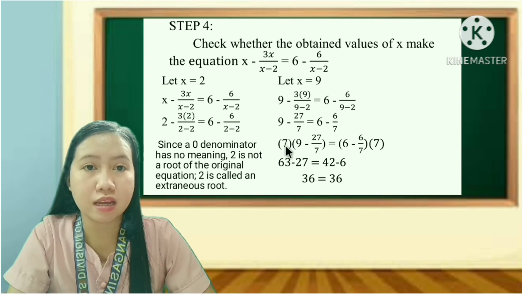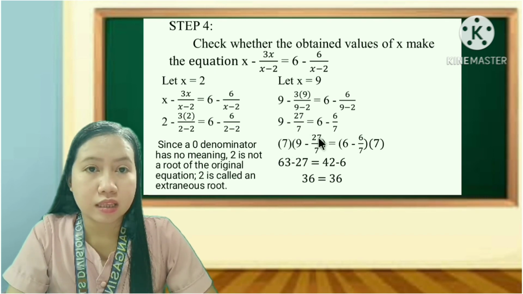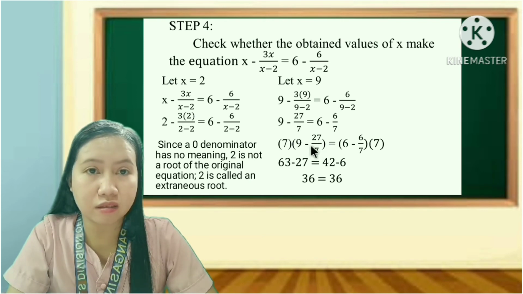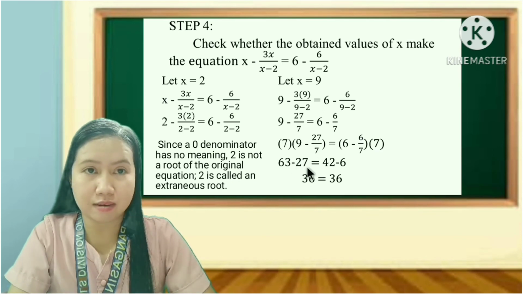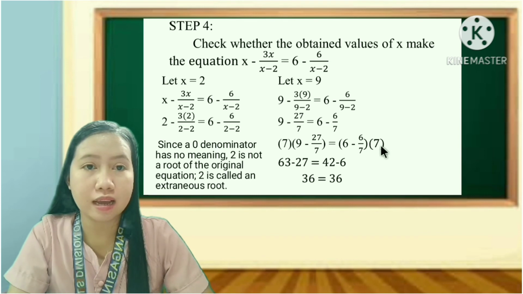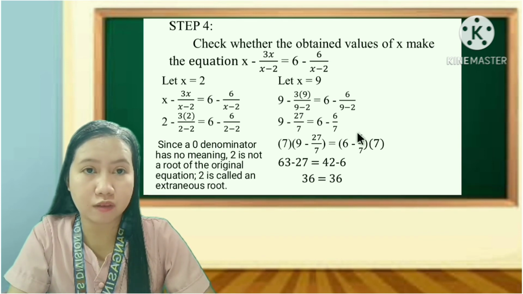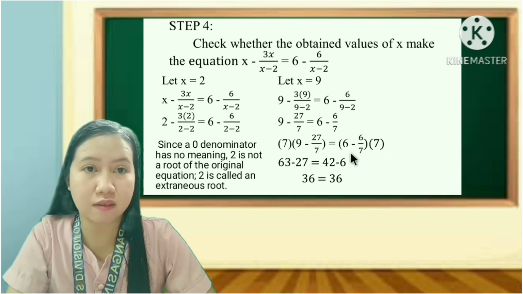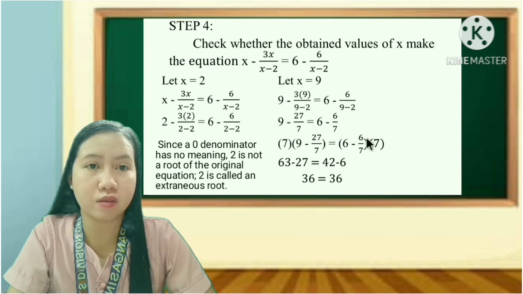Next, 7 multiplied to 27 over 7. Just simply cancel 7 here and then 7 here. We have now negative 27. Next one, 7 times 6. This is 42. And for this one, 7 times 6 over 7. Cancel 7. Cancel 7. We have now the remaining negative 6.